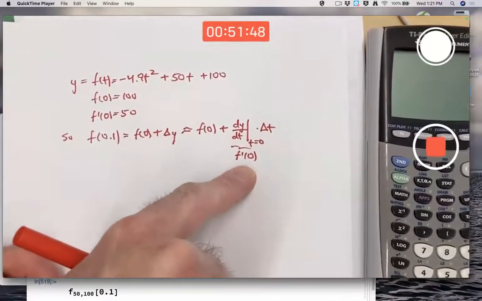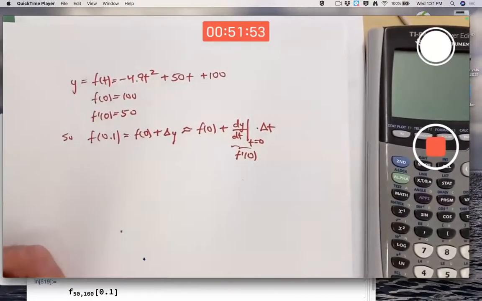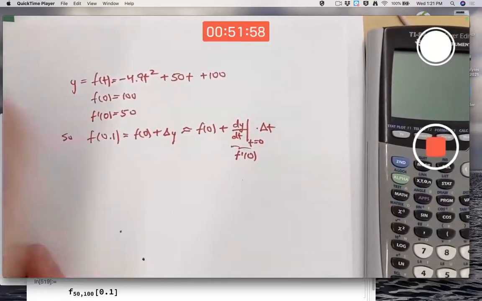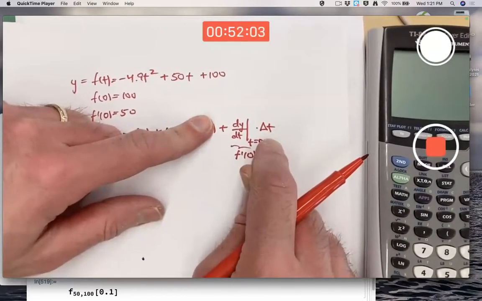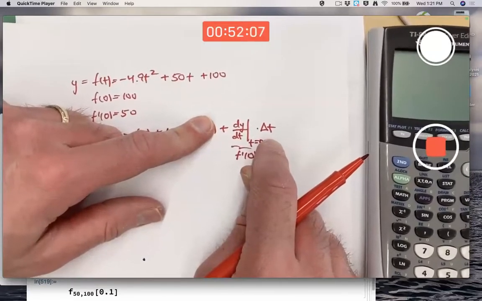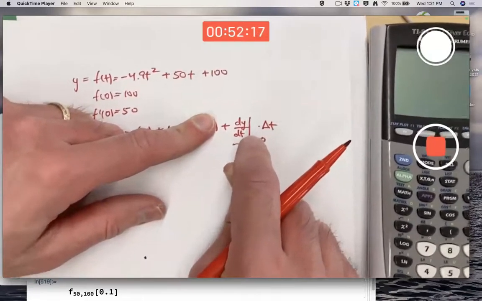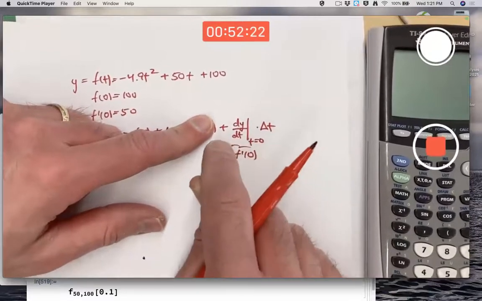F prime of 0 is easier to write. dy dt evaluated at t equals 0 is easier to interpret as a rate of change, as a velocity. By the way, this is nothing more than rate times time here. Remember in that lecture one that I had you watch first week of class, over the weekend, I think, I emphasized that a lot of calculus is just generalizations of the equation, distance equals rate times time. That's what we're doing right now. This is an approximate distance or an approximate change in position.